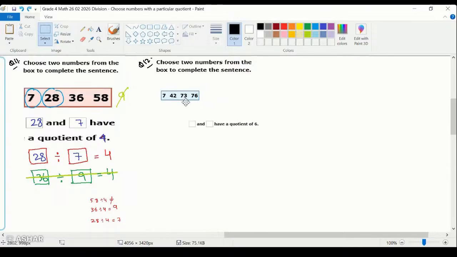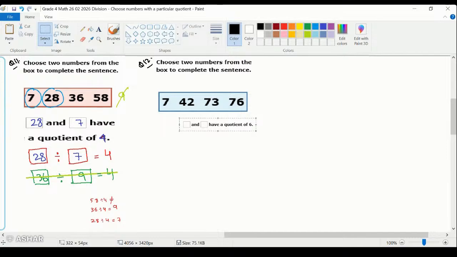If these are the 4 given numbers, we need to find the two numbers such that their quotient would be 6. So we know the rule, if this is 6, then we need to find the larger numbers. Obviously 7 is the larger, but no need. 7 divided by 6 will not give us a perfect answer, right?